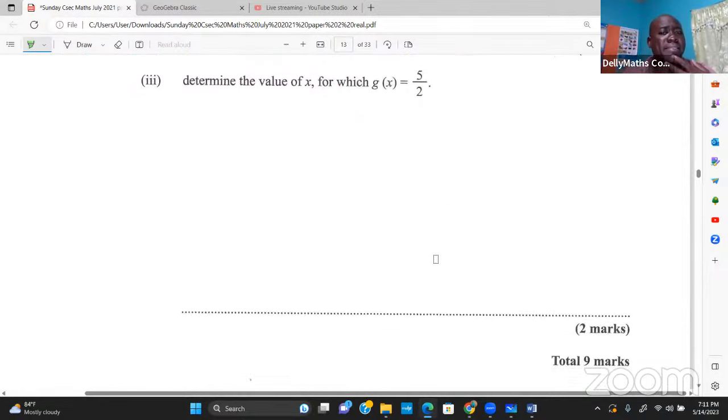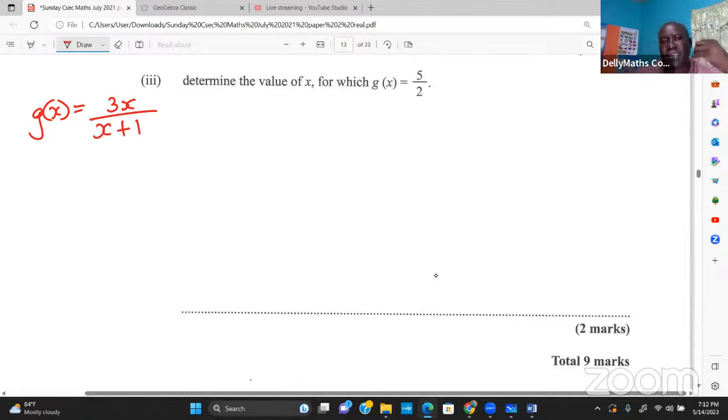Determining the value of x, right? We want to determine the value of x for which g of x is equal to 5 over 2. Well, let us talk about this. g of x is given as 3x over x plus 1. Look at this and take it as simply as you're seeing it.